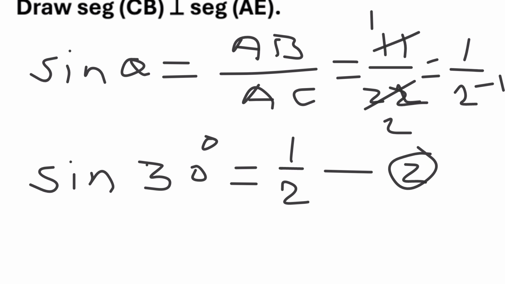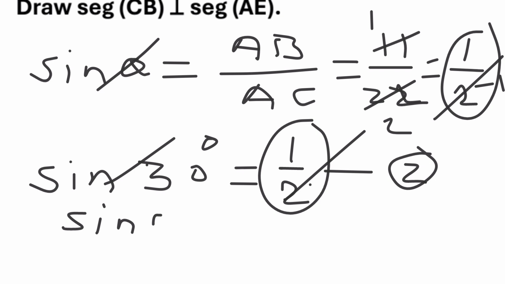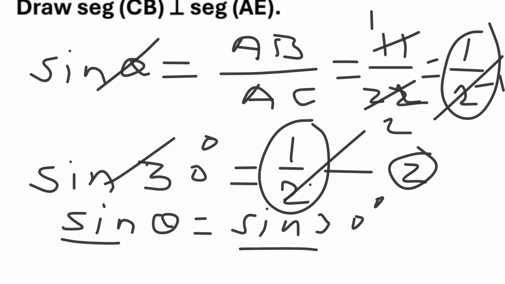Now from equation 1 and 2, RHS 1 upon 2, 1 upon 2, are the same. Therefore, LHS are also the same. Therefore, sin theta is equal to sin 30 degree. Therefore, this sin cancelled. Therefore, theta is equal to 30 degree.